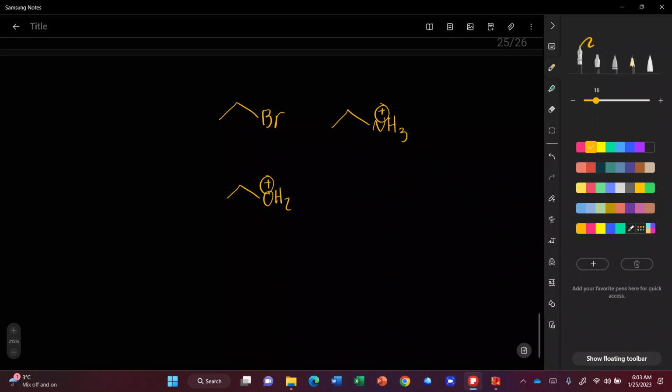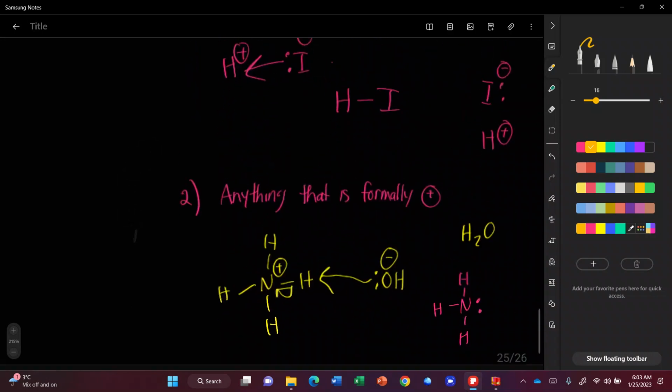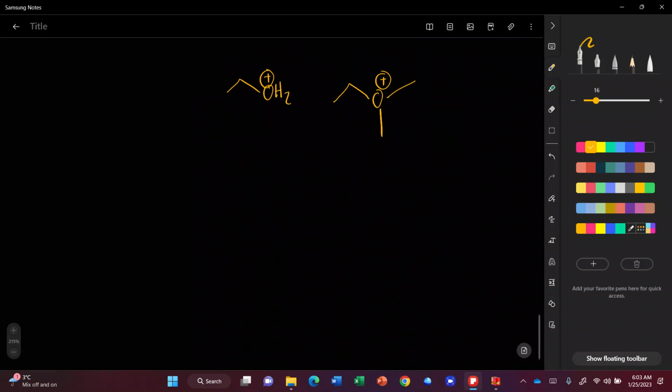Water is also a good leaving group because it's the conjugate base of a strong acid, but even if you didn't know that, you would see that it's positively charged, and therefore it's going to be a good leaving group. Technically, we know that oxygen is going to be formally positive if it has 3 bonds, so oxygen with 3 bonds, period, is going to be a good leaving group. All of these would be examples of good leaving groups. Any formally positive thing is going to be an example of a good leaving group.